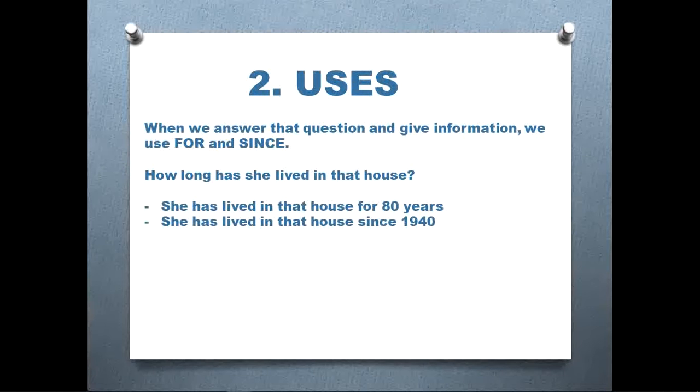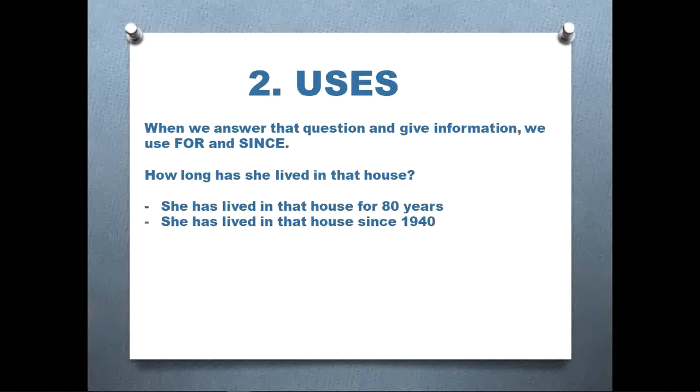If we want to answer these types of questions and give information about the duration of an action starting in the past and continuing up to the present, we can use for or since.